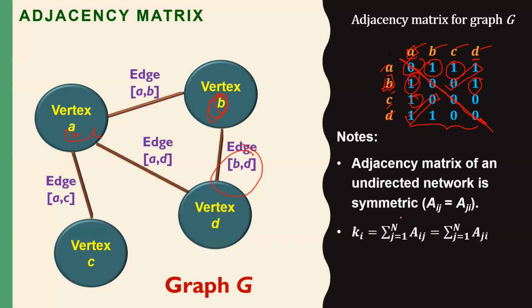Remember, the degree of a vertex I is basically how many edges are connected to vertex I. And note that each number here is a 1 if there's an edge connected. So from here, I can say that KA is basically the sum of the column.